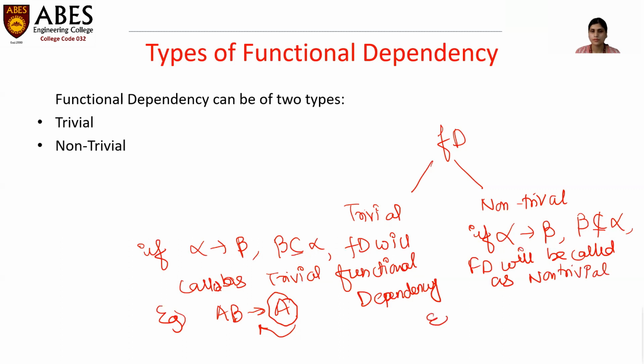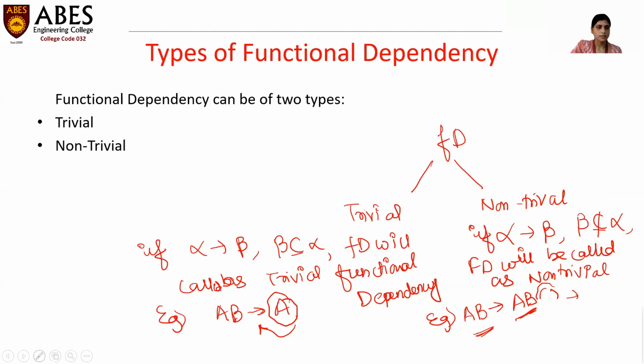For example, if we have a functional dependency from AB to ABC, you can clearly see that ABC is not a subset of AB. So here we are getting some new attribute like C. Okay, so these are the two types of functional dependency.